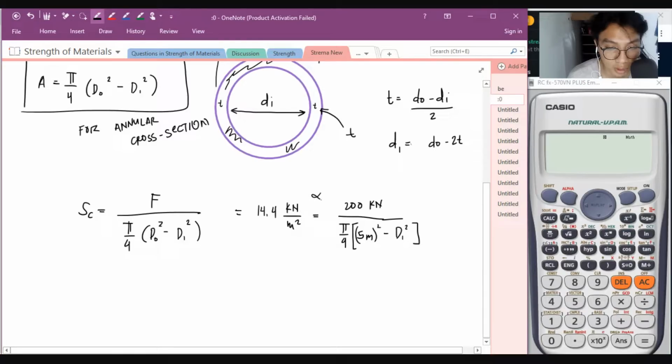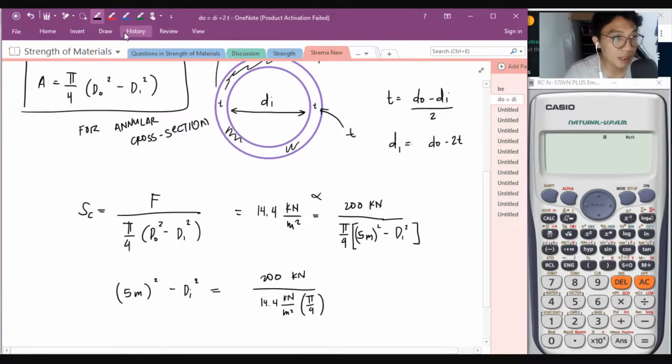Let's reform. Let's cross-multiply the two. So, pi over 4, or let's just leave the pi over 4 at the bottom. So, 5 meters squared minus di squared equals 200 kilonewton divided by 14.4 kilonewton per meter squared, multiplied by 4 over pi.